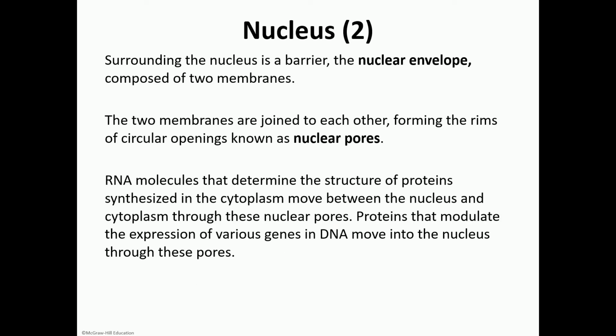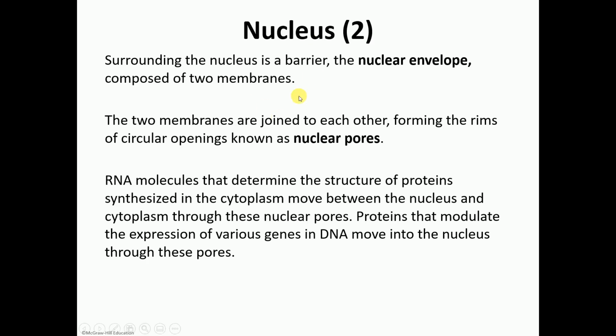Because the DNA is very valuable and important, there is an envelope surrounding the nucleus. And the nuclear envelope has two membranes, an outer and an inner membrane. But again, instructions have to reach the cytoplasm. So there are nuclear pores.